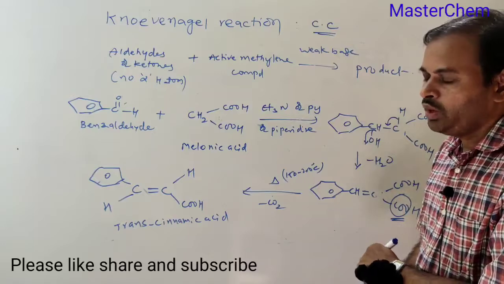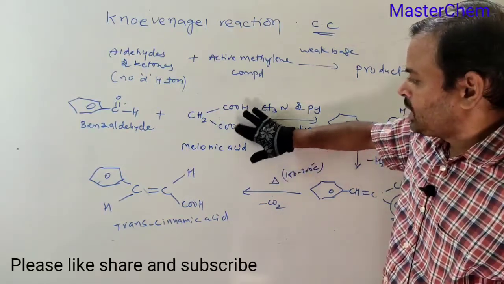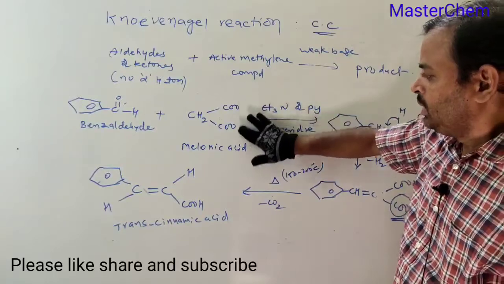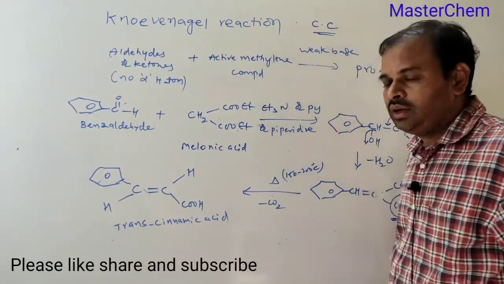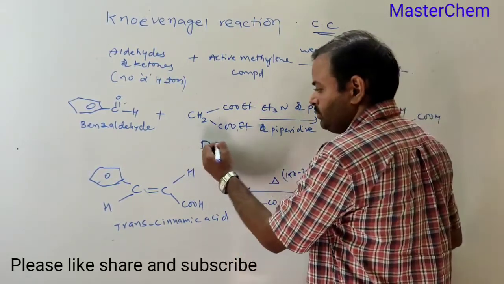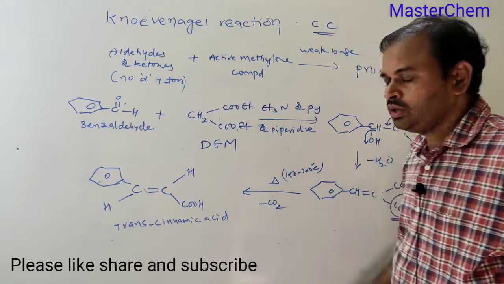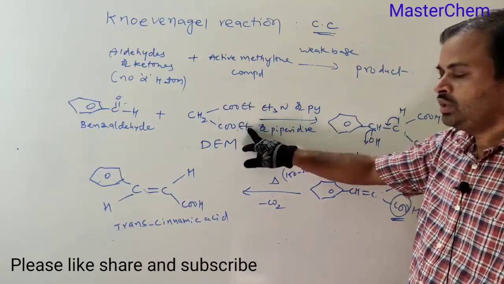This is example 1. Now example 2: I am replacing this hydrogen with ethyl groups. What is this? Diethyl malonate, because in malonic acid the two hydrogens are replaced with two ethyl groups.